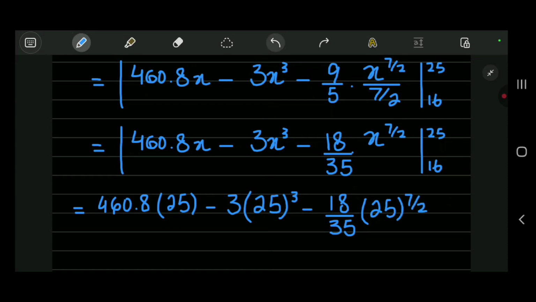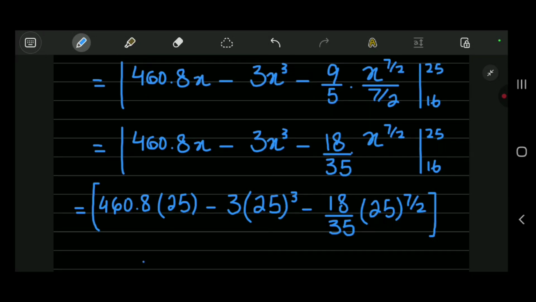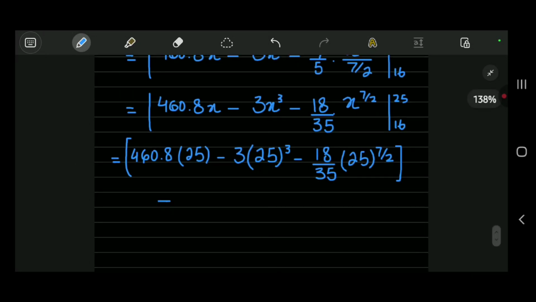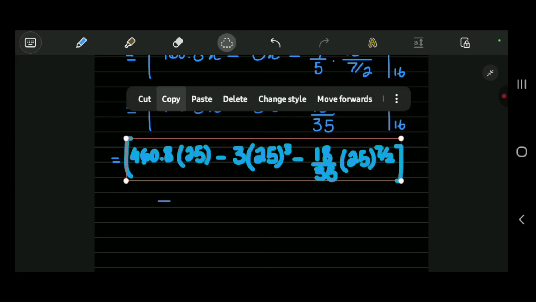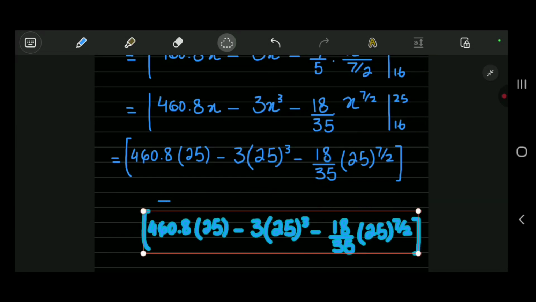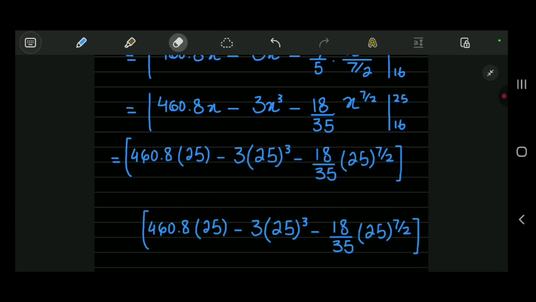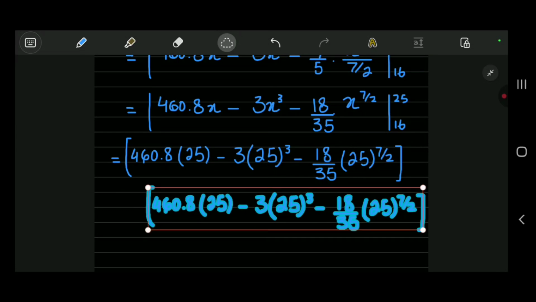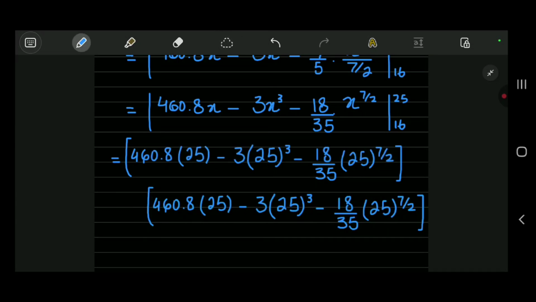This is applying the upper limit, minus the same with the lower limit, putting in 16.